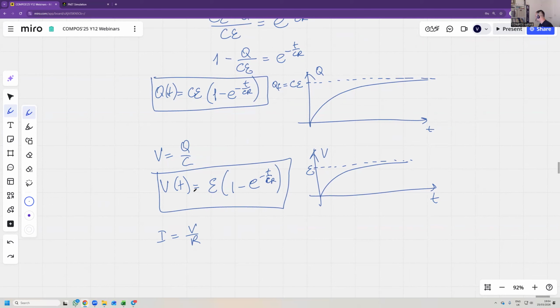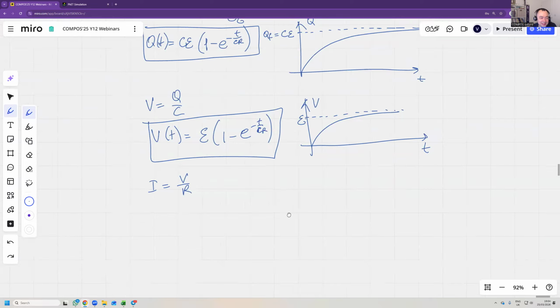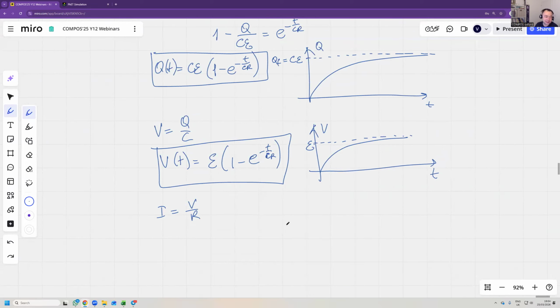Sorry, I've got a small distraction here. So there are two ways you can approach the current. You can say current is the voltage on the resistor divided by R. But voltage on the resistor is EMF minus voltage on the capacitor over R.